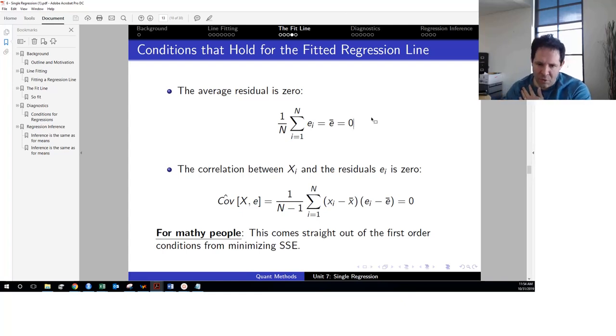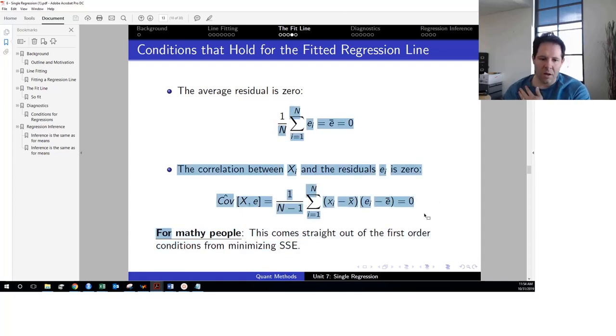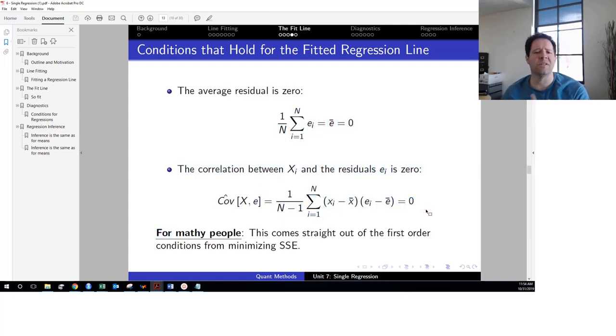When you do that, there are two first order conditions, and that's what these boil down to. I'm not going to go into more detail about that because it doesn't provide more intuition for what we're going to do, but knowing that these conditions hold is useful for other properties.